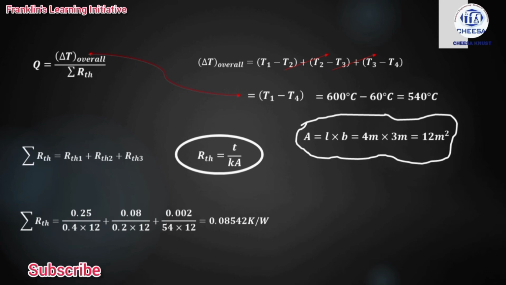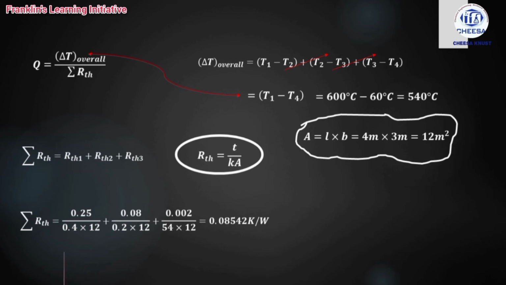The first thermal resistance is going to be for the fire brick, and that is 0.25 divided by 0.4 times 12, plus that of the steel, which is 0.08 divided by 0.2 times 12, plus that of the ceramic insulation, which is 0.002 over 54 times 12.